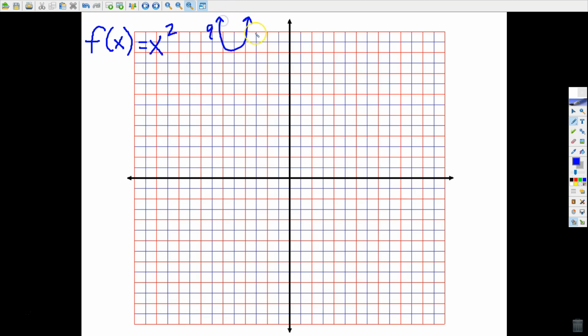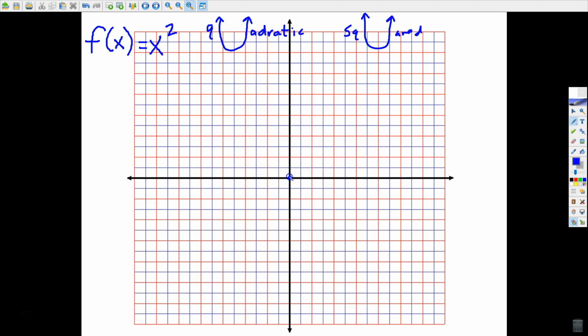Think of the big gigantic U in the word quadratic, because that's the shape these always make. The word quadratic literally means squared, so maybe you think of the word squared spelled with a giant U. Whatever it takes, the quadratics will always produce these parabolas.